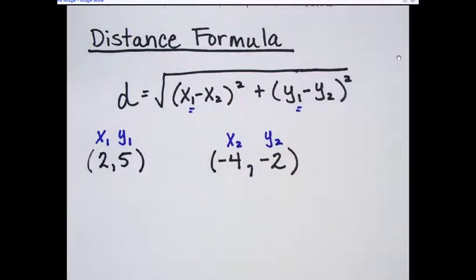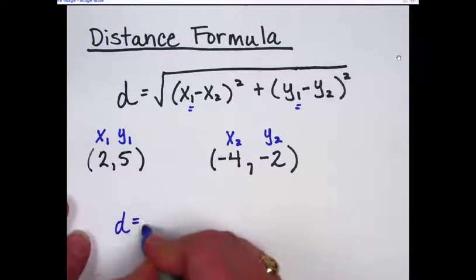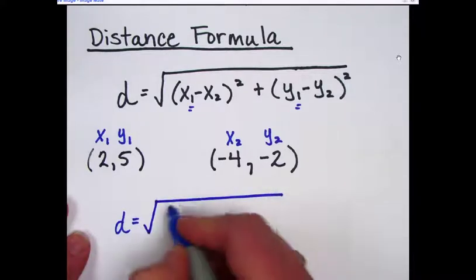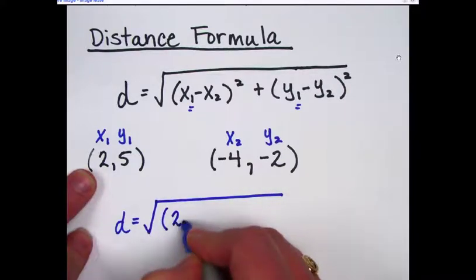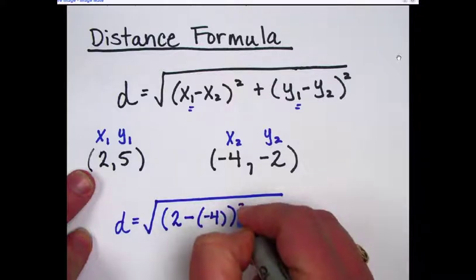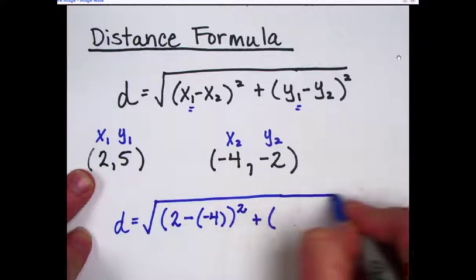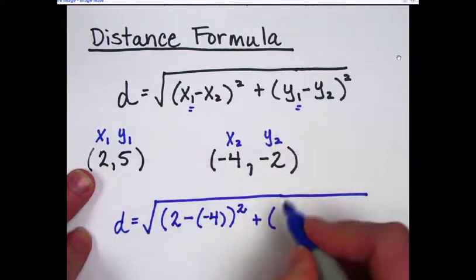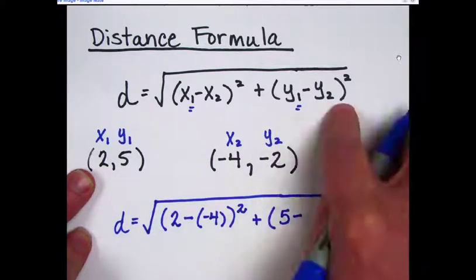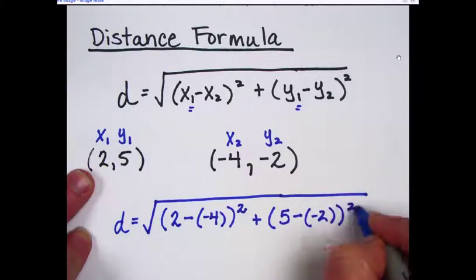And now I find that if we label our points, we make fewer errors, and now we can just plug into this formula. So the distance is going to be the square root of x1, which is 2, minus my x2, which is -4. And now don't forget, you've got to square that whole thing. And to that, we're going to add y1, which is 5, minus my y2, which is -2, and then we're going to square that.